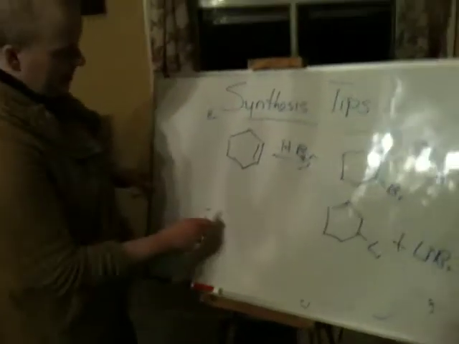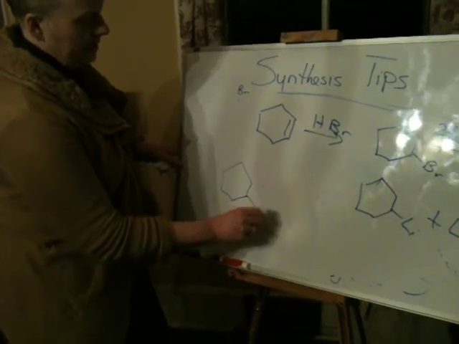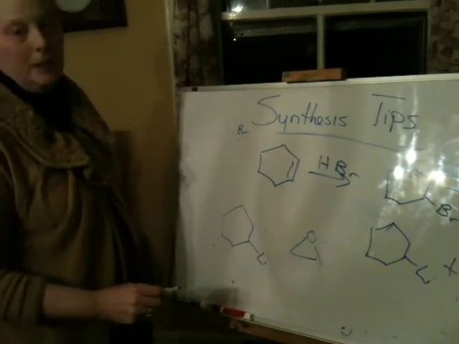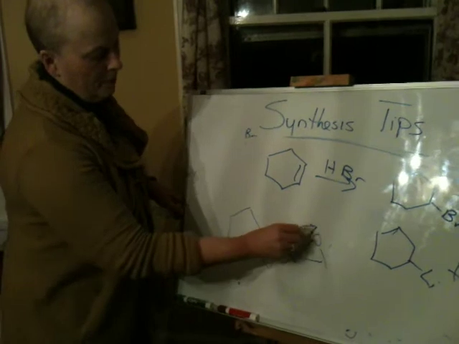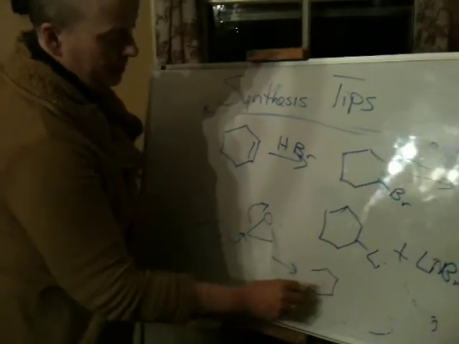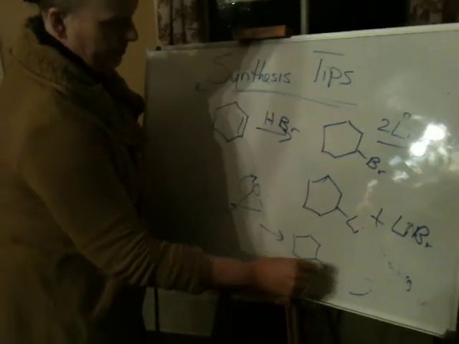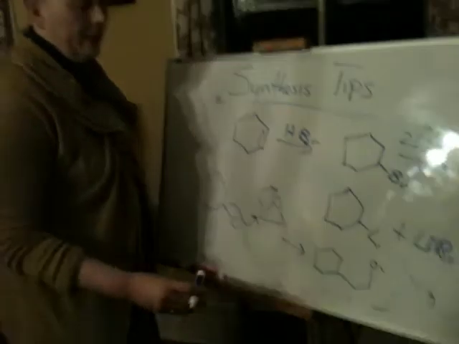Now, if I could get this species to attack this epoxide, I'd pretty much be in business. So if this attacked here, this would open, and I hope you're seeing some repeating themes here. Okay, I would get that.